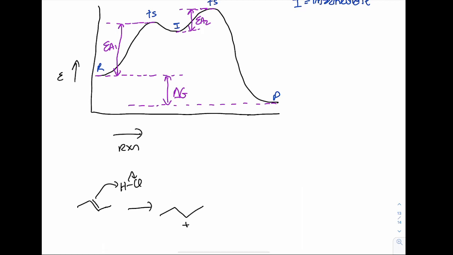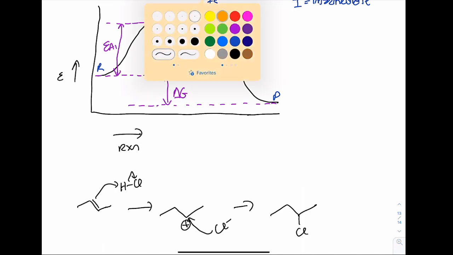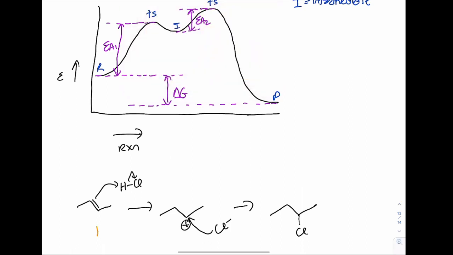I just want to draw it nicer. And then we had chlorine add on to that carbon. Right? So if I was to label all of these, this is A, so that includes both the alkene and the HCl, and then B, and then C.